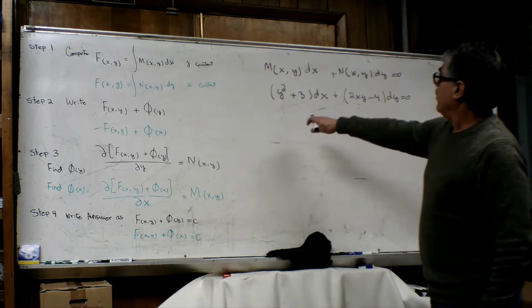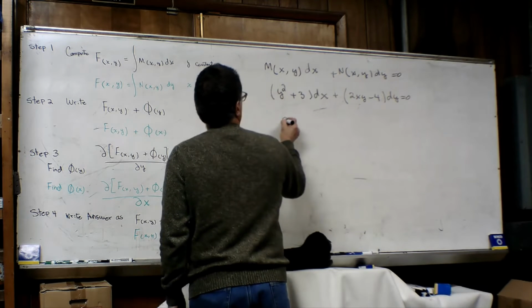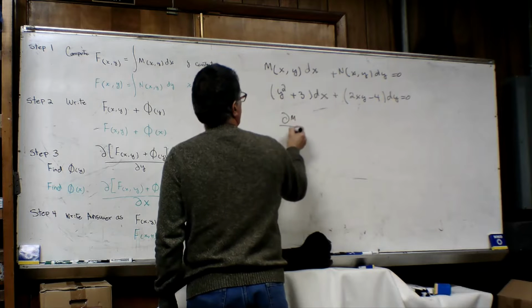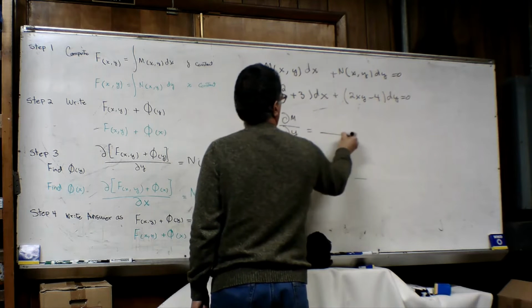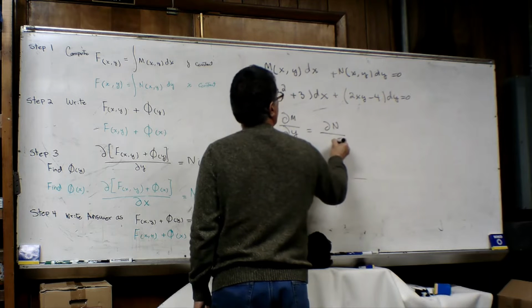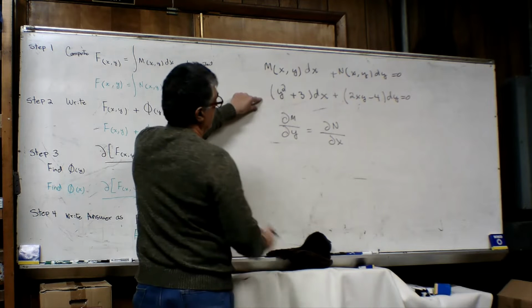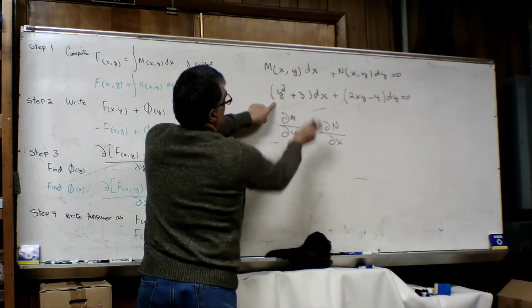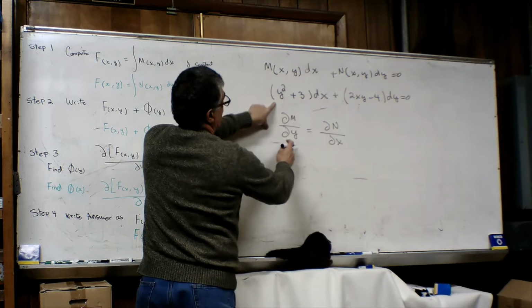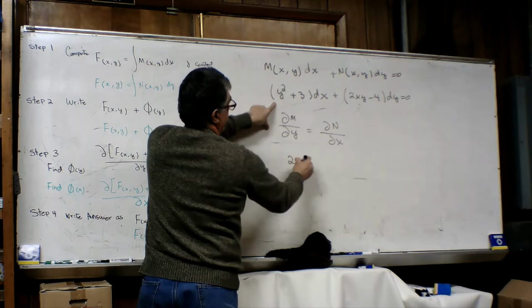In order for this equation to be exact, the partial derivative of M with respect to y must be equal to the partial derivative of N with respect to x. The partial derivative of M, which in our case is y squared plus 3, with respect to y will be 2y.